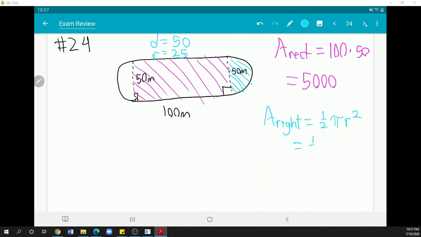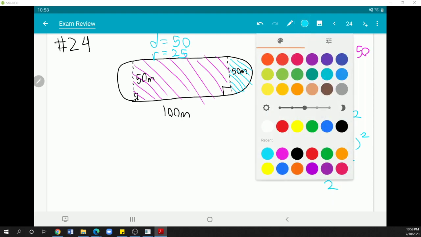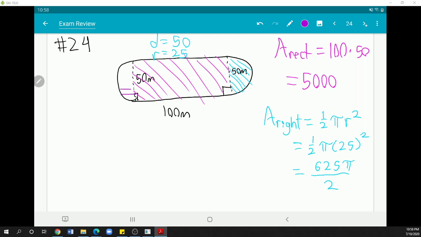So this is 1/2 pi 25 squared, or 625 pi divided by 2. And now let's do purple for this one, but it's going to be exactly the same.